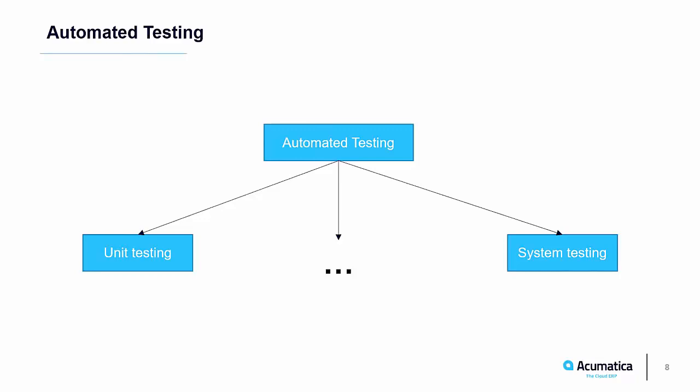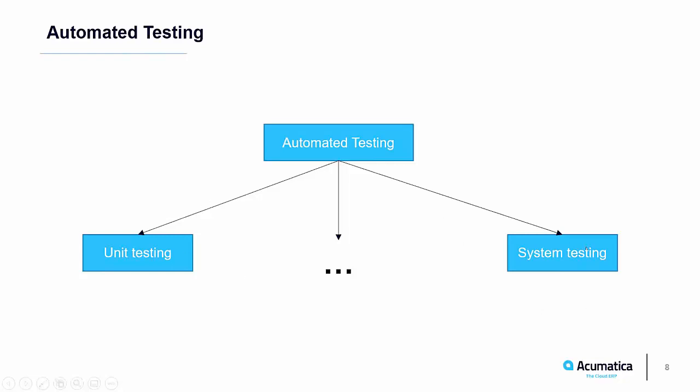So for instance, in our case, we need real web browsers running, and we need real user clicks in these web browsers to test the system as a whole. And of course, we need a database, an environment, and hardware to run these tests. So this is a spectrum of different kinds of tests.